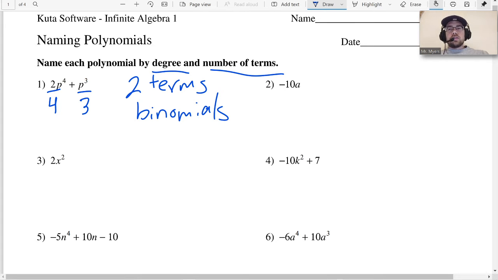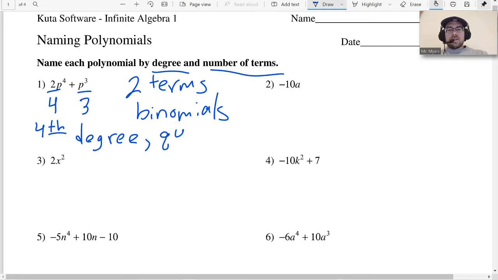The coefficient, the 2 in front of the 2p4, doesn't really matter. That could be big or small, and it doesn't have any effect on the degree. You look at the power of all of them, and the highest power wins. So it's a fourth degree binomial.